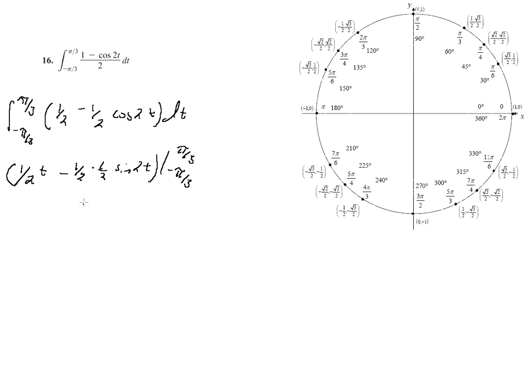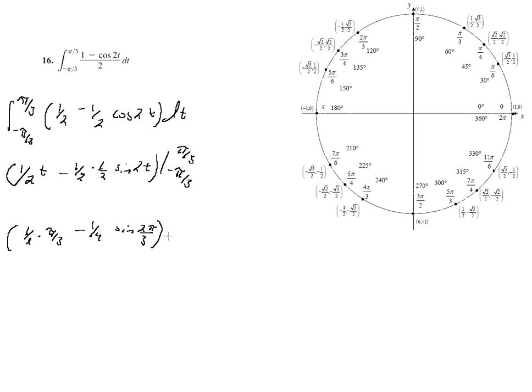So now we'll evaluate. So we have 1/2 times pi over 3, evaluating the function at the upper limit of integration, minus 1/2 times 1/2 is 1/4 times the sine of 2 pi over 3. That's 2 times pi over 3.